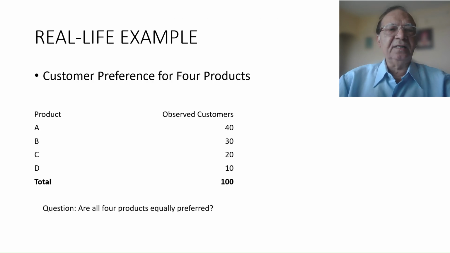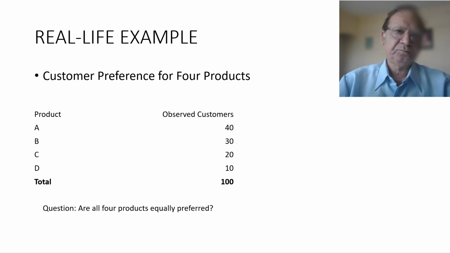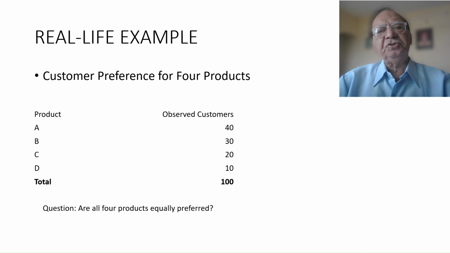Let us take a simple business example. A company offers 4 products: product A, product B, product C, and product D. 100 customers were asked to select their preferred product. 40 customers select product A, 30 select product B, 20 select product C, and 10 select product D. The company wants to know whether customers have equal preferences for all 4 products.